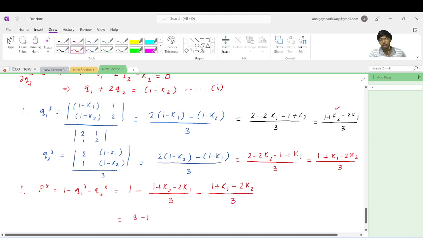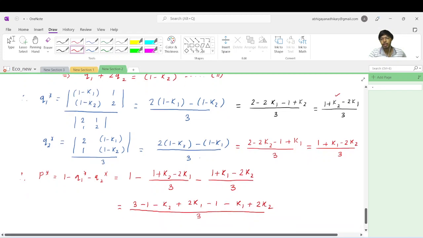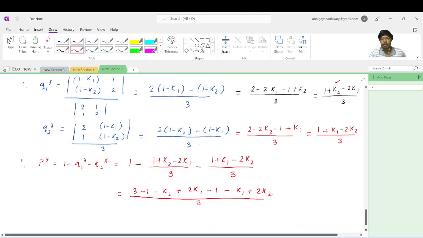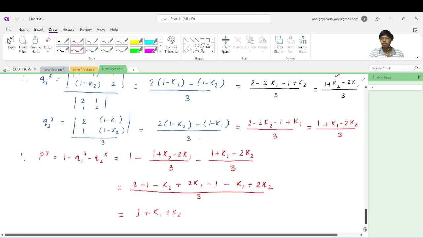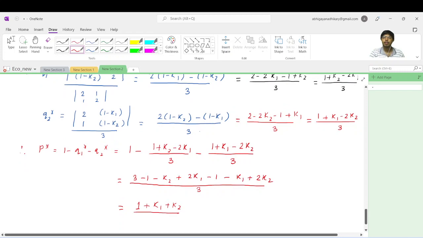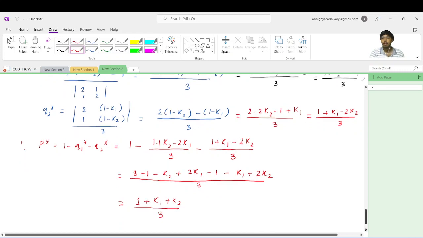That is 3 minus 1 minus k2 plus 2k1 minus 1 minus k1 plus 2k2, whole thing divided by 3. So this is 3 minus 2, that is 1, plus 2k2 minus k2 is plus k2, plus k1, so 1 plus k1 plus k2, whole divided by 3. That's the thing.